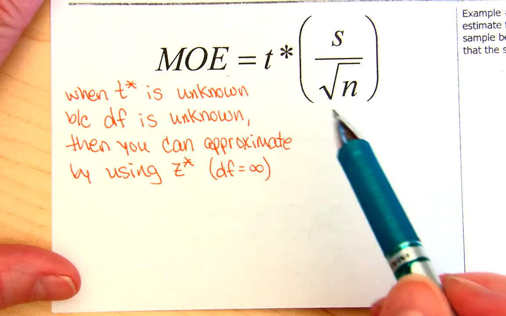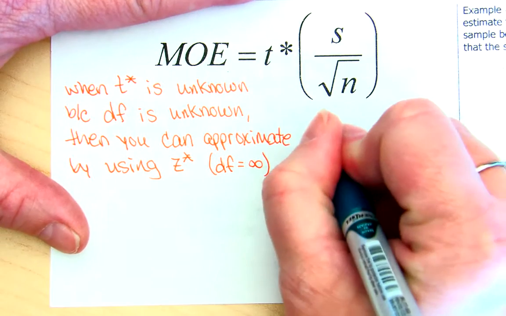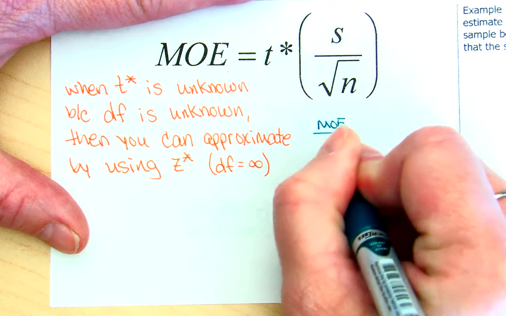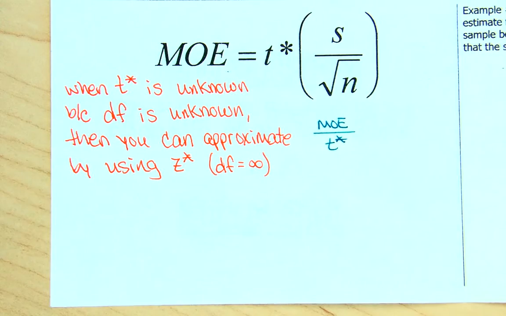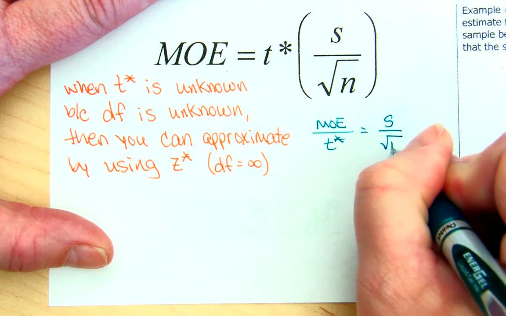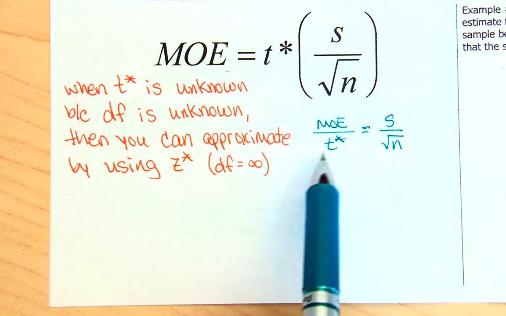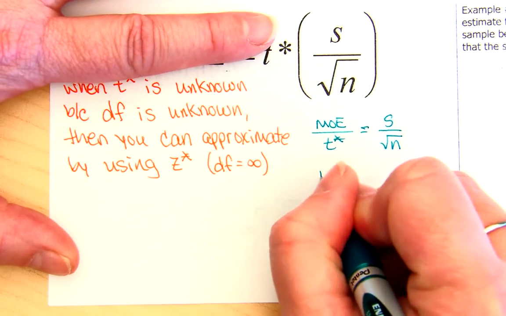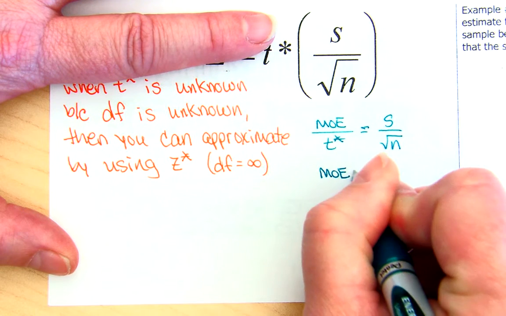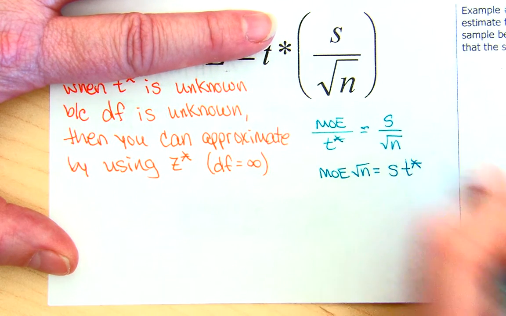So again, if we wanted to solve this for n, we would first divide the margin of error by that t critical value, which would equal s over square root of n. Then to solve it, we can solve it as a proportion, just cross multiply and solve. So margin of error times square root of n equals s times the t critical value.